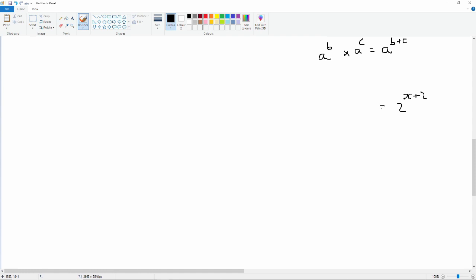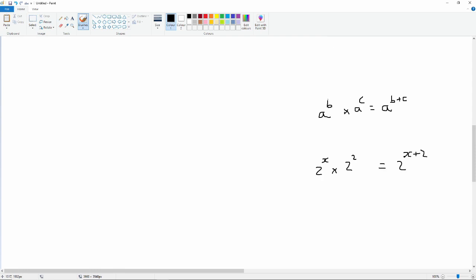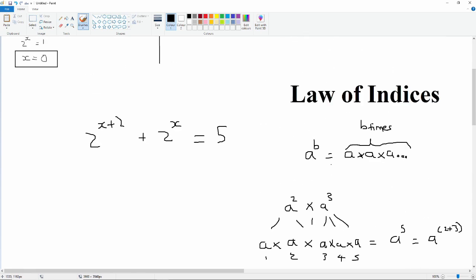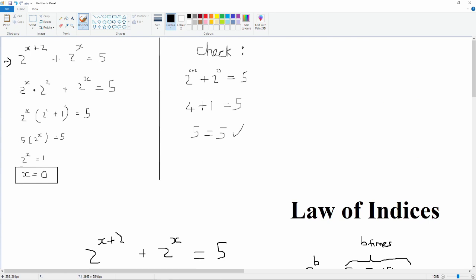We can go backwards and say, well, how did we get to 2 to the power x plus 2? Well, isn't that the same as saying 2 to the power x multiplied by 2 to the power 2? As you can see, a to the power b times a to the power c is a to the power b plus c. So 2 to the power x multiplied by 2 to the power 2 is the same as 2 to the power x plus 2, which means 2 to the power x plus 2 is the same as 2 to the power x multiplied by 2 to the power 2. And that brings us to our next line.